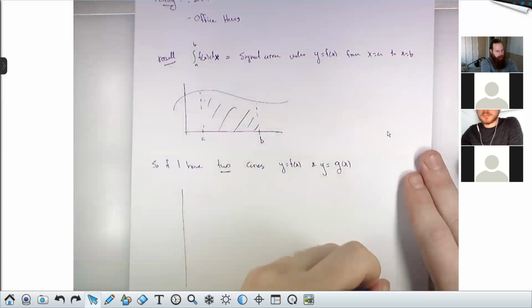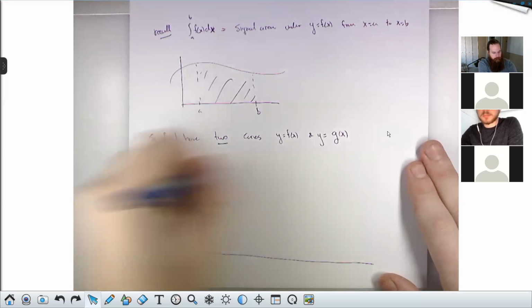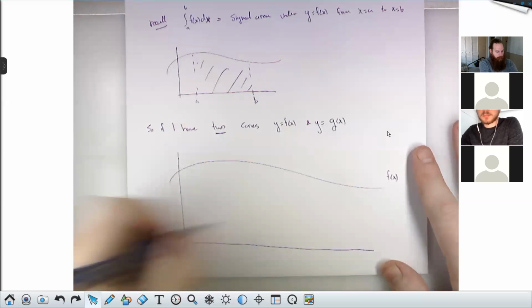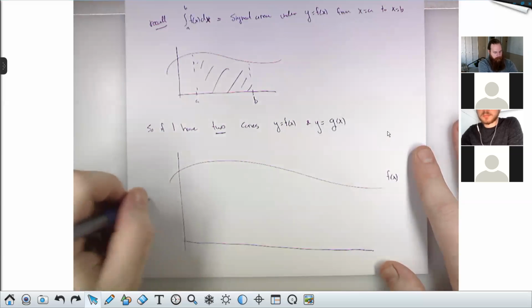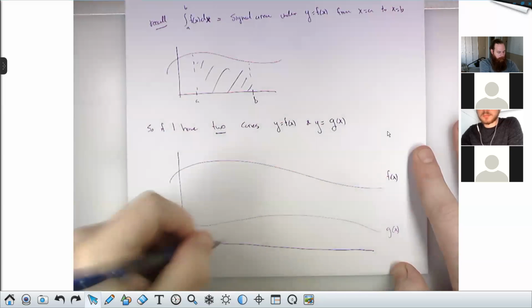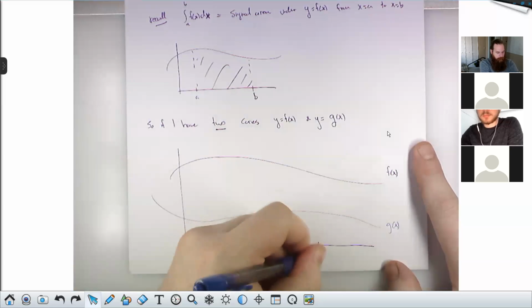For now, I'll assume that f and g don't cross. Maybe here's f, and here's g. And maybe I want to find the area between them from a here to b here.